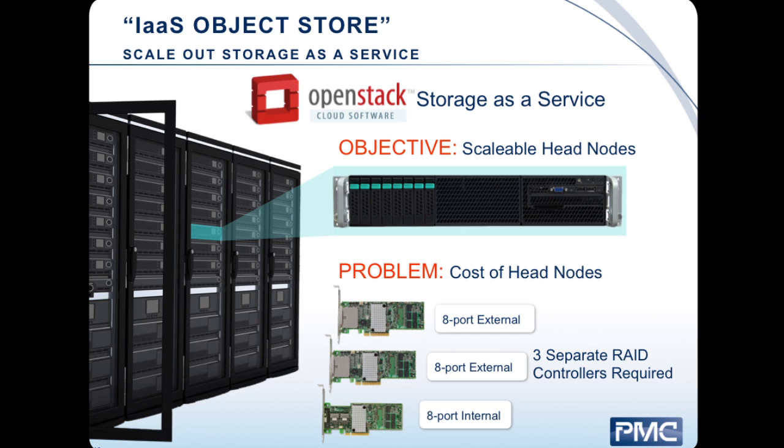And the challenge that we see, and that we're addressing, is that typically you would need 3 different HBAs in order to get that kind of density and solution achieved.